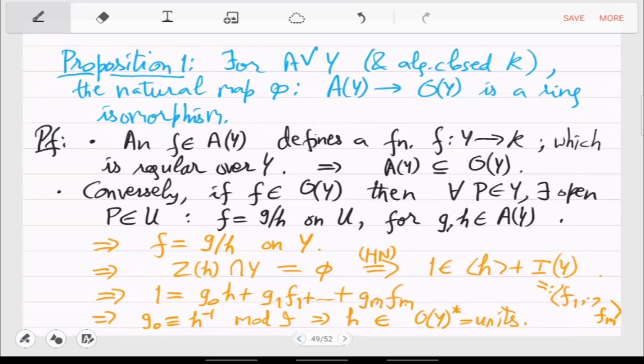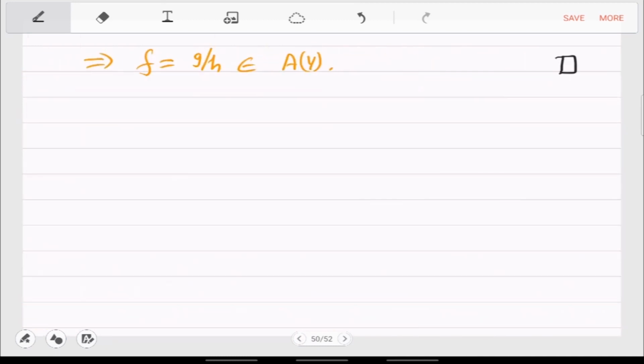Is that clear? So we have shown that any element of OY is actually in AY, and AY is contained in OY, so you have equality. And formally there is this isomorphism between these two objects. That's an important thing to remember.